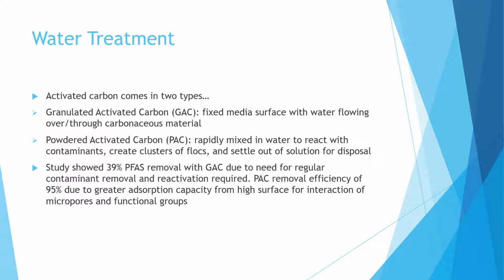In contrast, PAC removal efficiency was found to be about 95%, and this was attributed to greater absorption capacity from high surface area and for the greater interaction of micropores and functional groups with the contaminants.